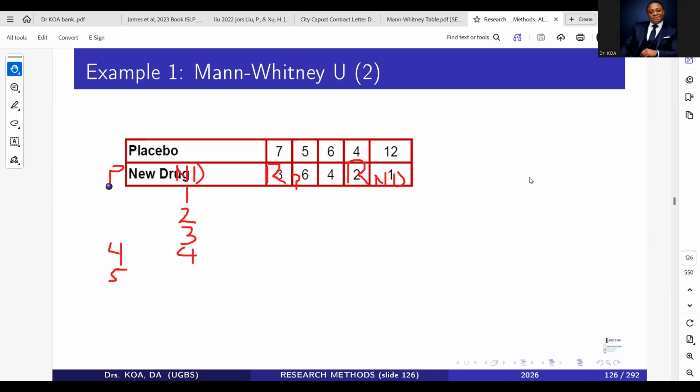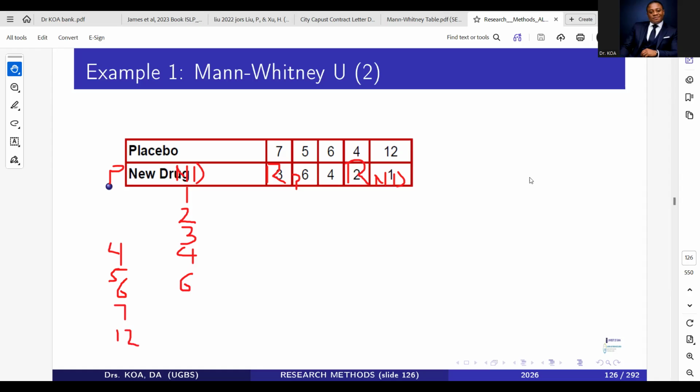The next one, 6. Which group? Both. Placebo and new. So you write it under both. The next one, 7. Which group? Placebo. Next one, 12. Which group? Placebo.